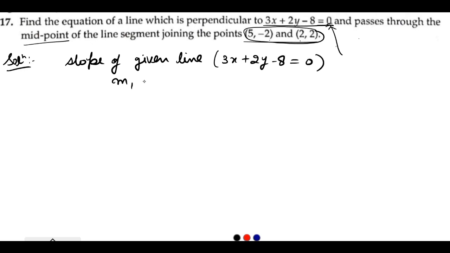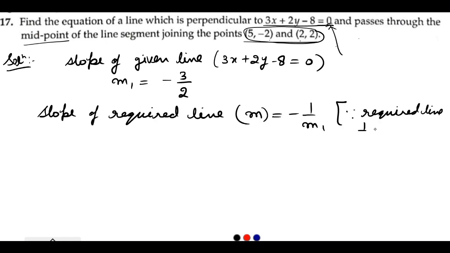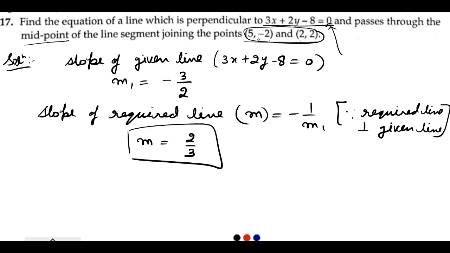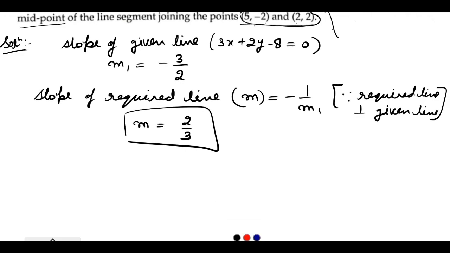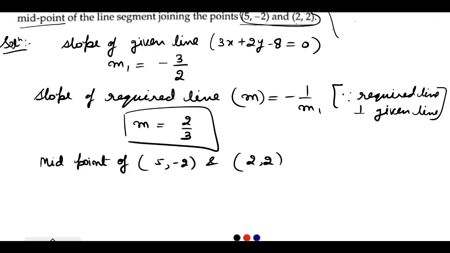Slope of given line is equal to minus coefficient of x divided by coefficient of y, that is −3/2. Now slope of required line. Now slope is known and line is passing through the midpoint of these 2 points. Midpoint of (5, −2) and (2, 2): this is first endpoint x1, y1, this is second endpoint x2, y2.